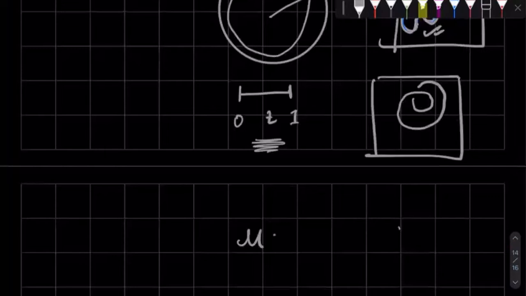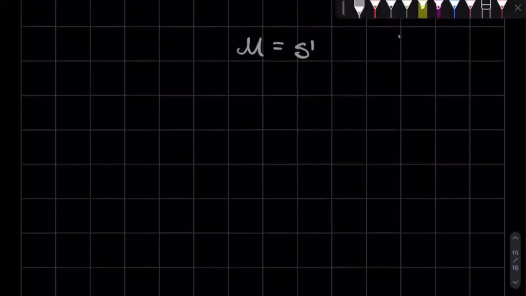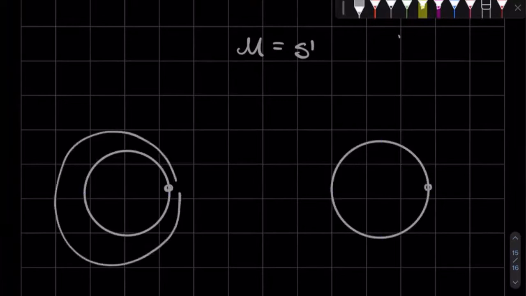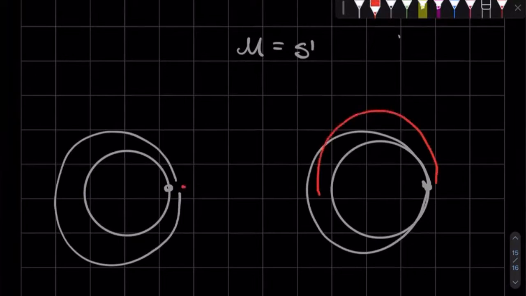Suppose that M, my target manifold, is also a circle. Then there could be maps from, say, S1 to S1, where as you move from 0 to 2 pi, you move from 0 to 2 pi on the circle. But there could be maps where as you move from 0 to 2 pi, here you move 0 to pi.